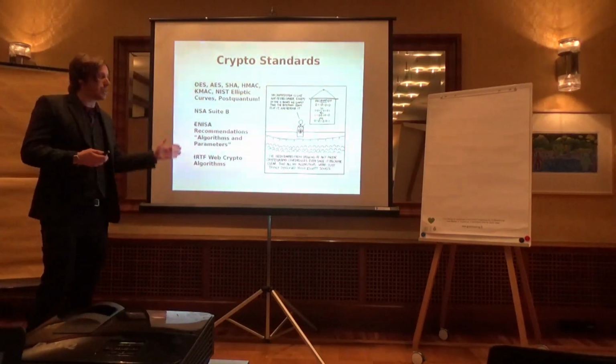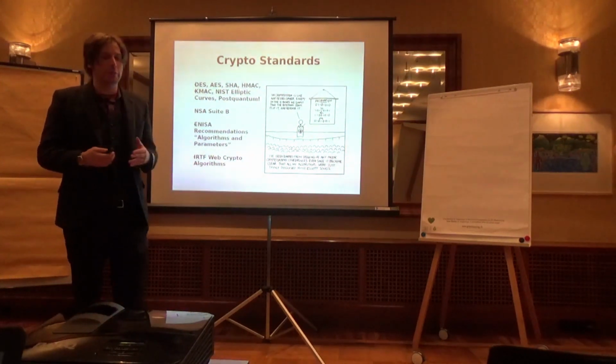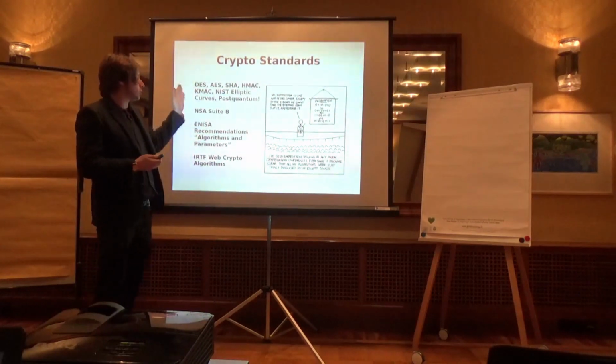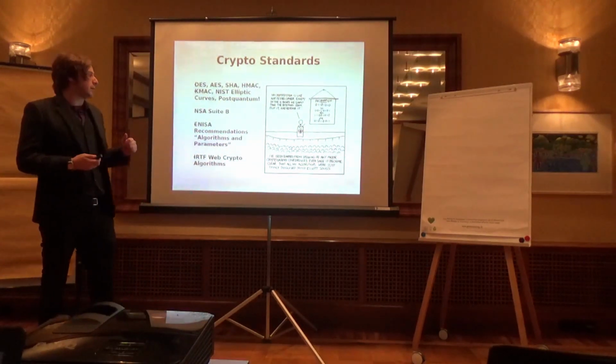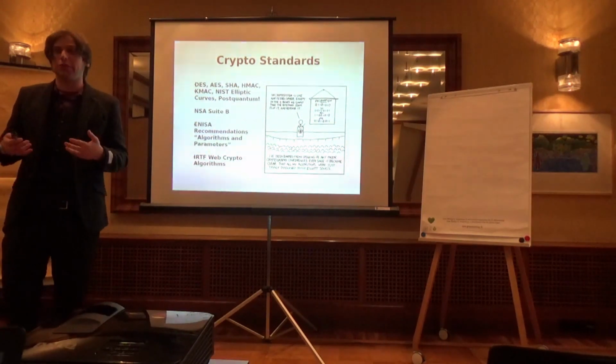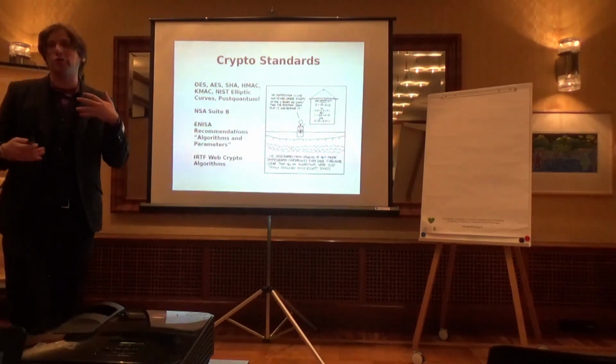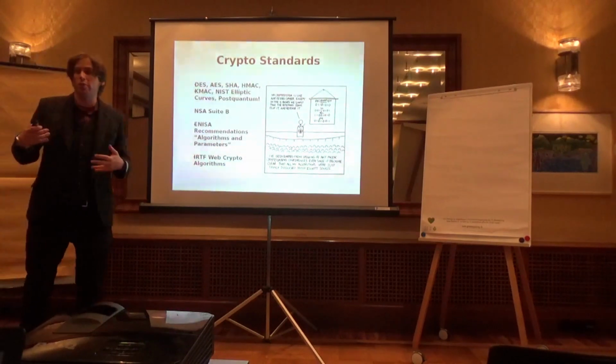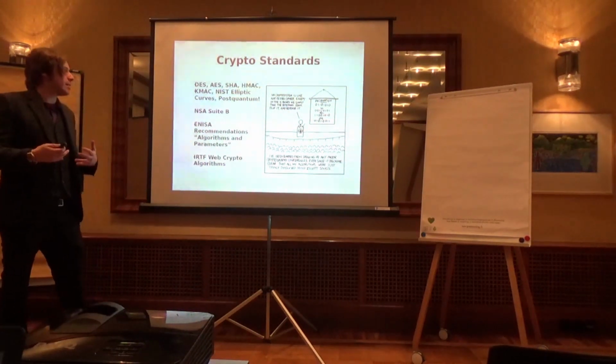Then there's recommendations. Typically based on the NIST standardization process, the US government, particularly the NSA, has the Suite B recommendations, where they say, well, these are the parameters and algorithms, based on all these old recommendations, which you should be using today.